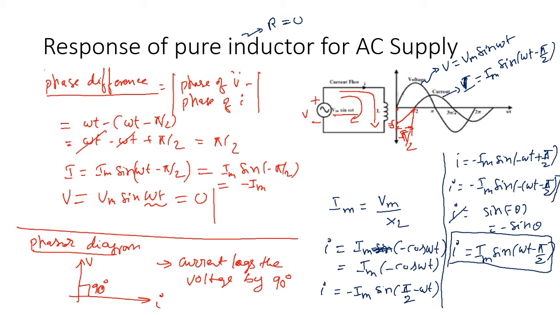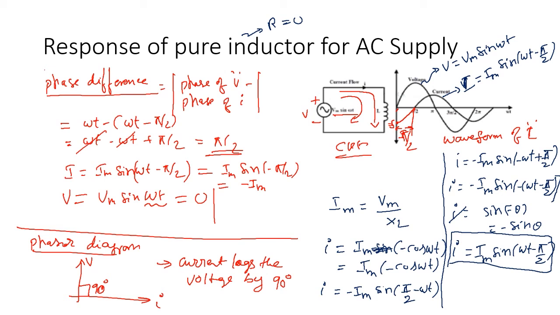So this is a circuit, and this one is the waveform of a pure inductor. This one is the phasor diagram, and the phase difference I have given you is pi by 2. This is about the inductor.